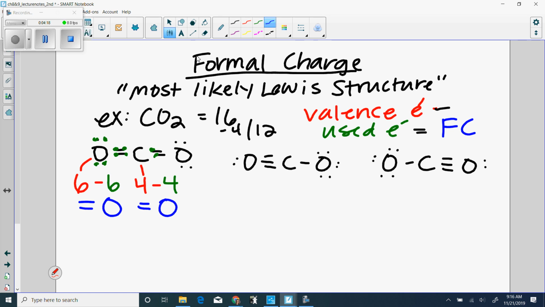And then let's do this oxygen here. Oxygen is group 6 minus the touchies, also equals 0. You might draw it that way just because it's more symmetrical, but the formal charge proves that this is the most likely structure.